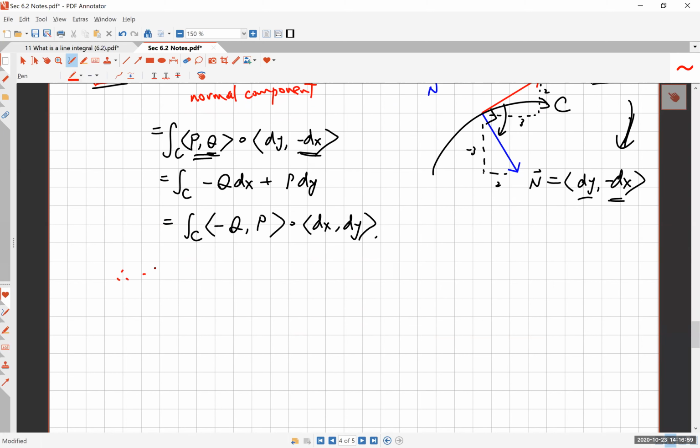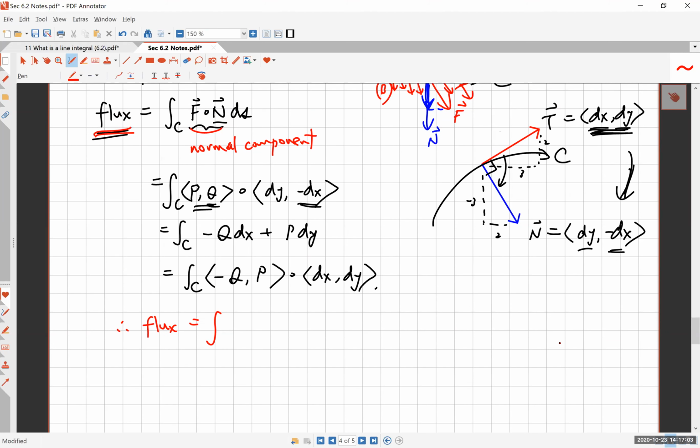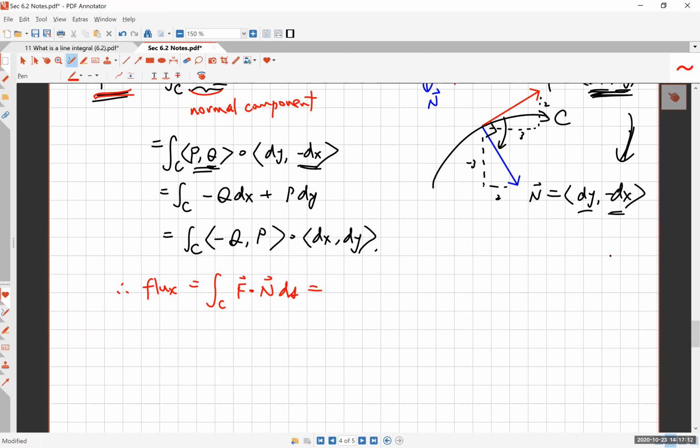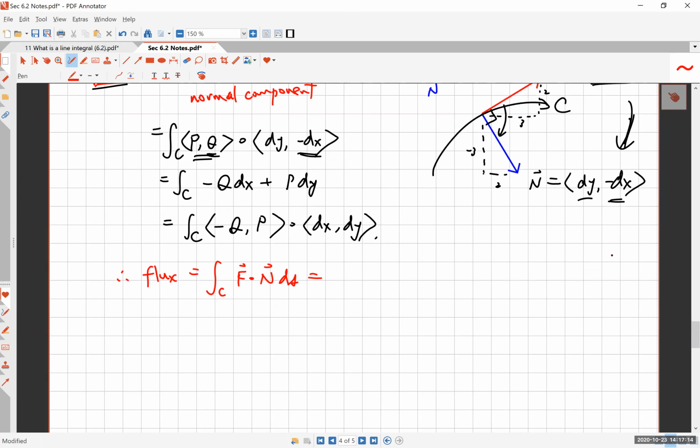All right, so the conclusion is that the flux integral is not as simple as the other one, the flow integral, which is F dot T. Okay, so this is actually going to be the integral of negative Q dx plus P dy, or as I said before, negative Q, P dotted with dx, dy.